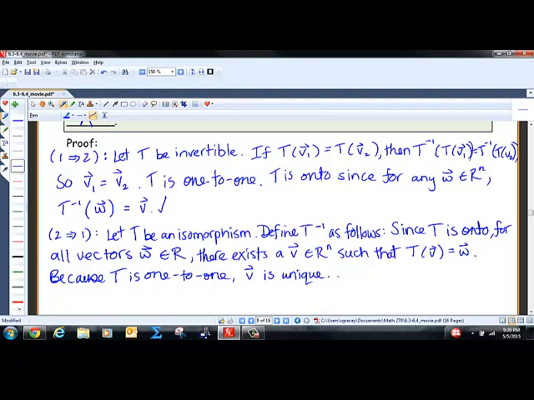So T inverse at W is equal to V if and only if, if and only if what? Good. If and only if T at V is W.